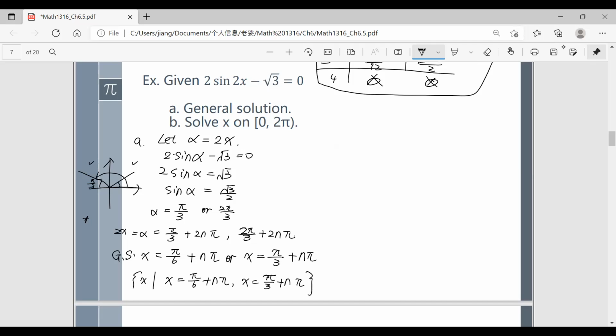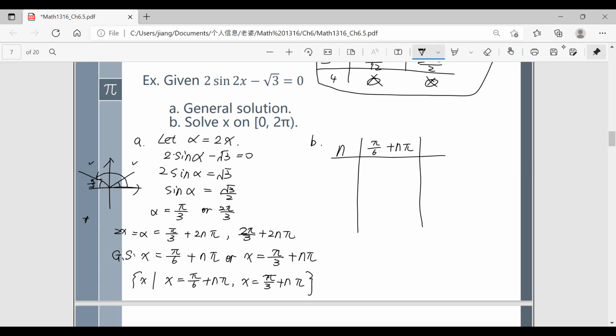For number 2, we are looking for the solution on the interval 0 to 2 pi. So I can list a table here. The first column is n, and the second is the general solution, pi over 6 plus n pi.